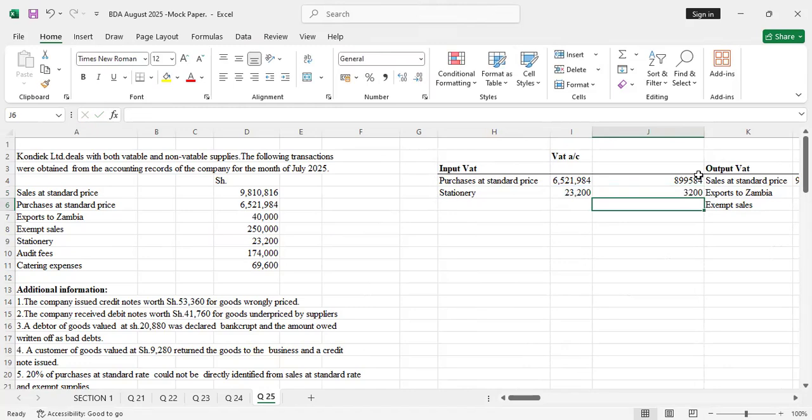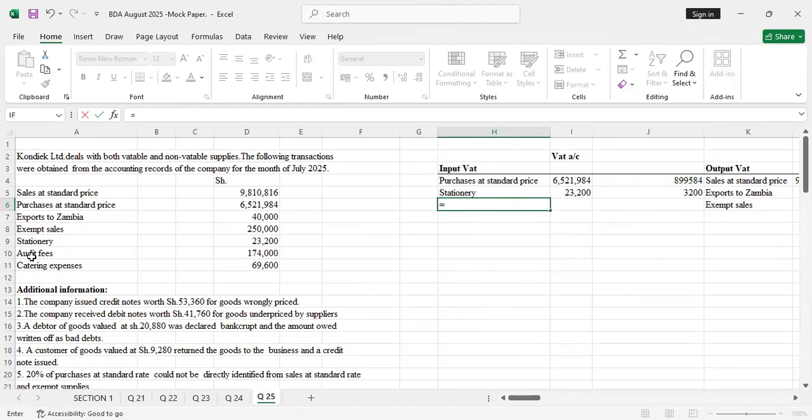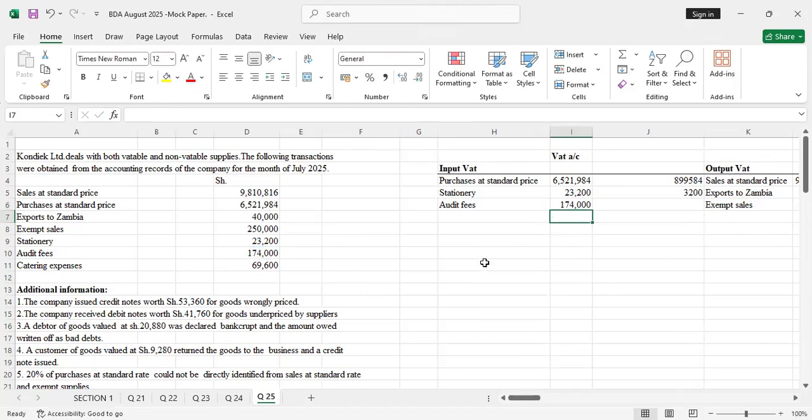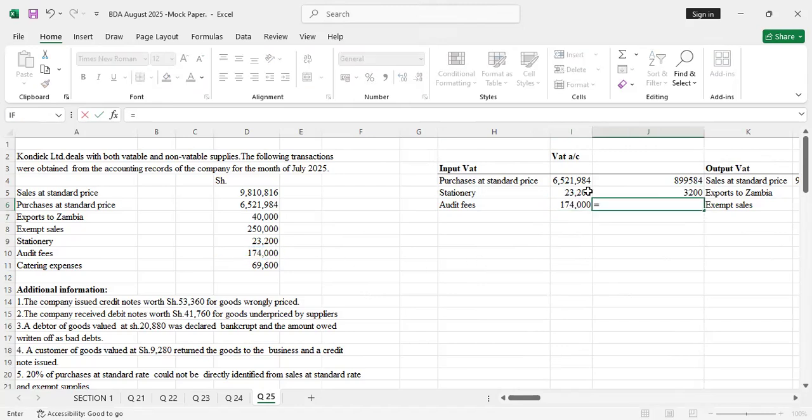And you enter. Continue. Audit fees. Audit fees are fees you pay for consultancy, so they are also subject to VAT. The amount was 174,000. And our VAT will be 174,000 times 16 over 116. Enter that amount.